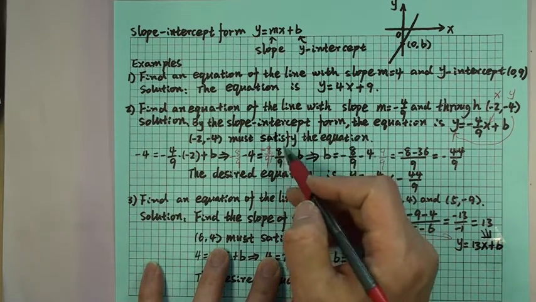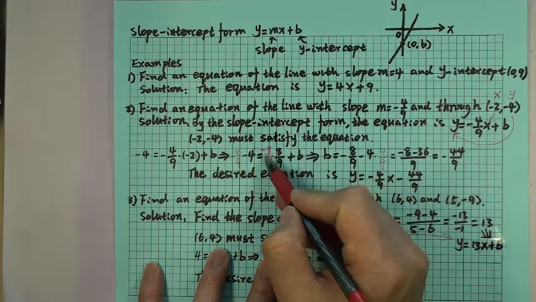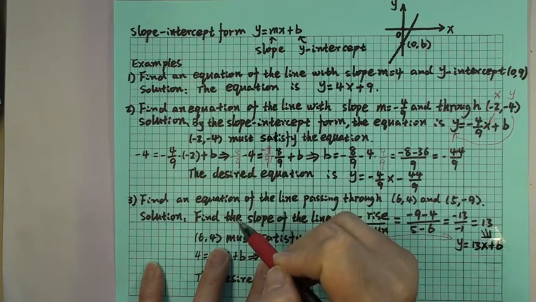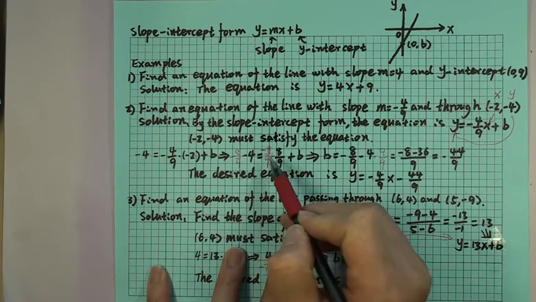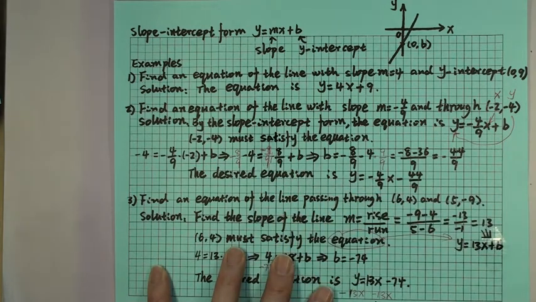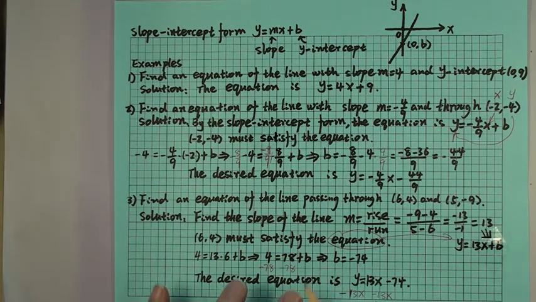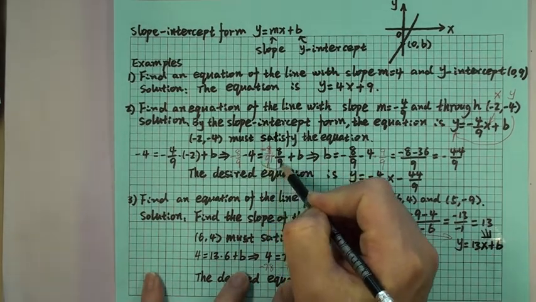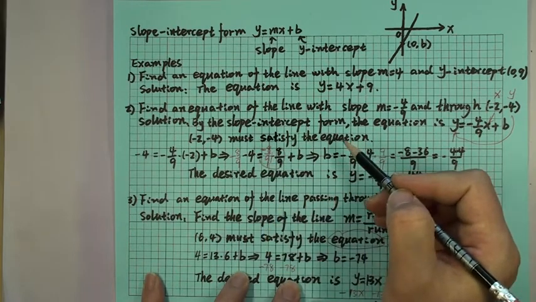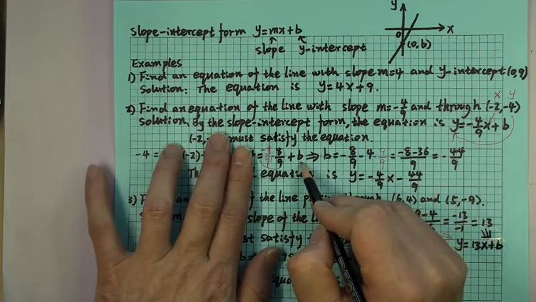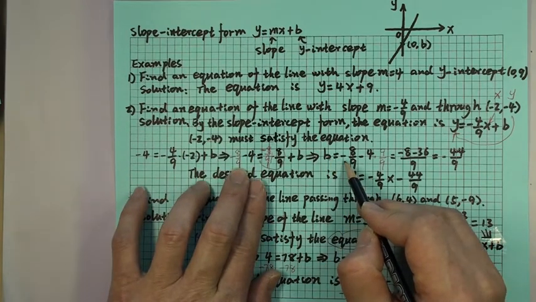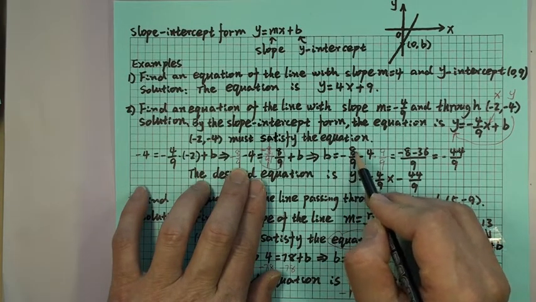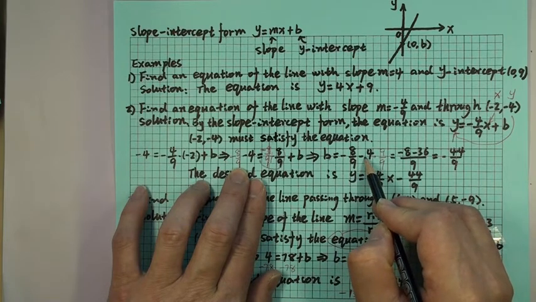Now, if we subtract 8 over 9 from both sides, then we cancel. And then the right-hand side will have b left over. The left-hand side is negative 8 over 9 minus 4.